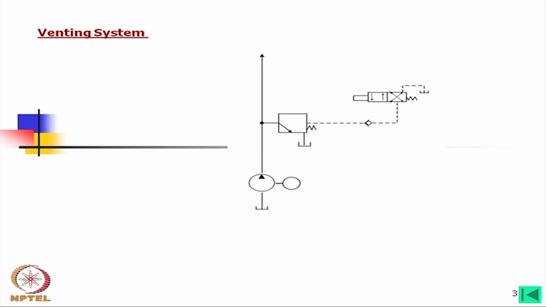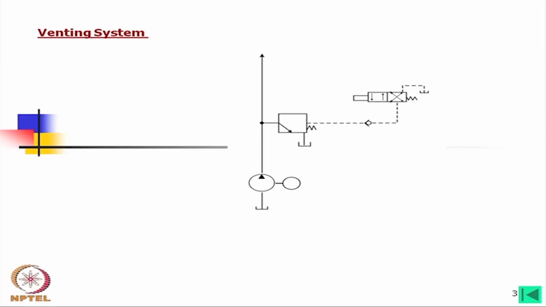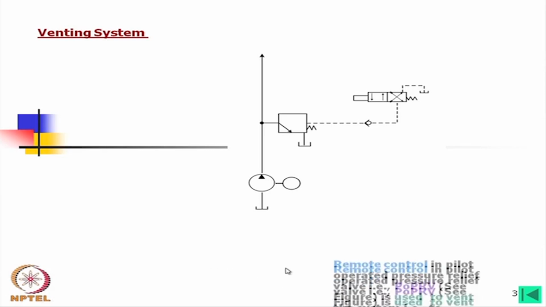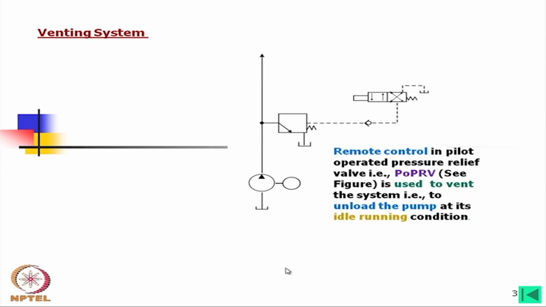Now, we know the meaning of venting. Venting means we should bypass oil, or in case of gas, due to some reason. In this case, venting is done usually when we are not operating the load. How is it done? What I have shown here is a circuit.